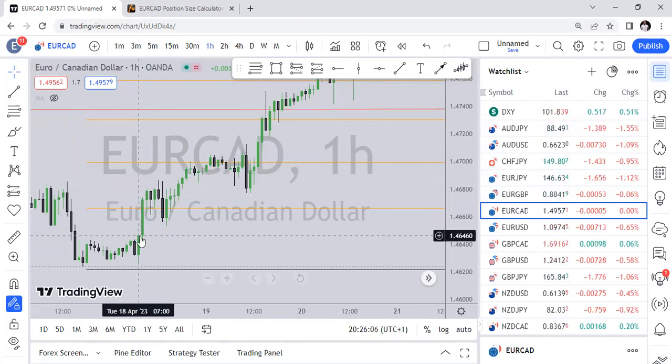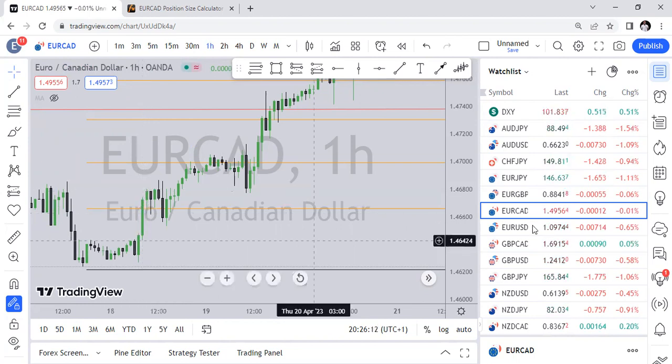It represents strength. It's usually called an engulfing.